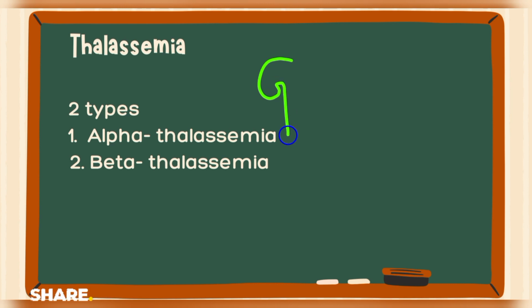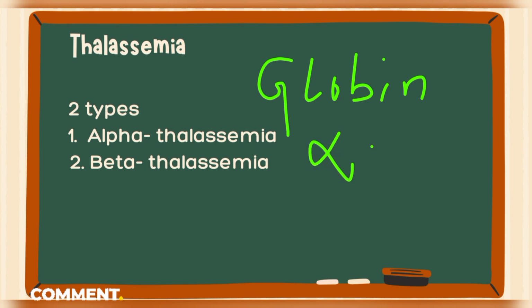There is defective synthesis of globin gene, because of which there is imbalance between the synthesis of alpha polypeptide chains and beta polypeptide chains. This causes the precipitation of polypeptide chains in immature RBC, leading to disturbances in erythropoiesis.